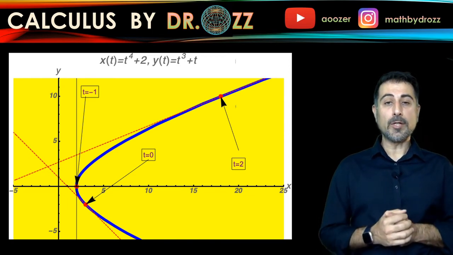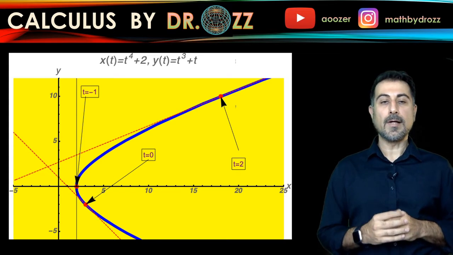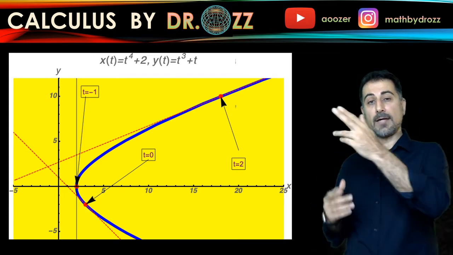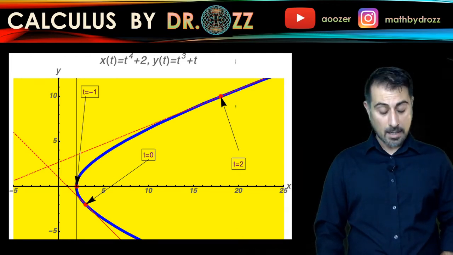Once we determine the t values, we're going to calculate dy over dx in terms of the parameter, and we will have 3 different locations, and in each of them a different tangent line.